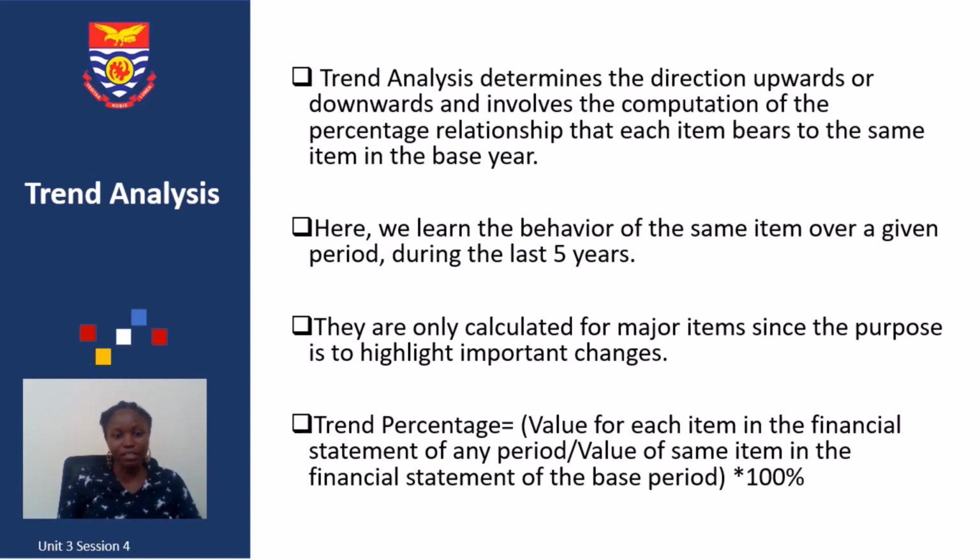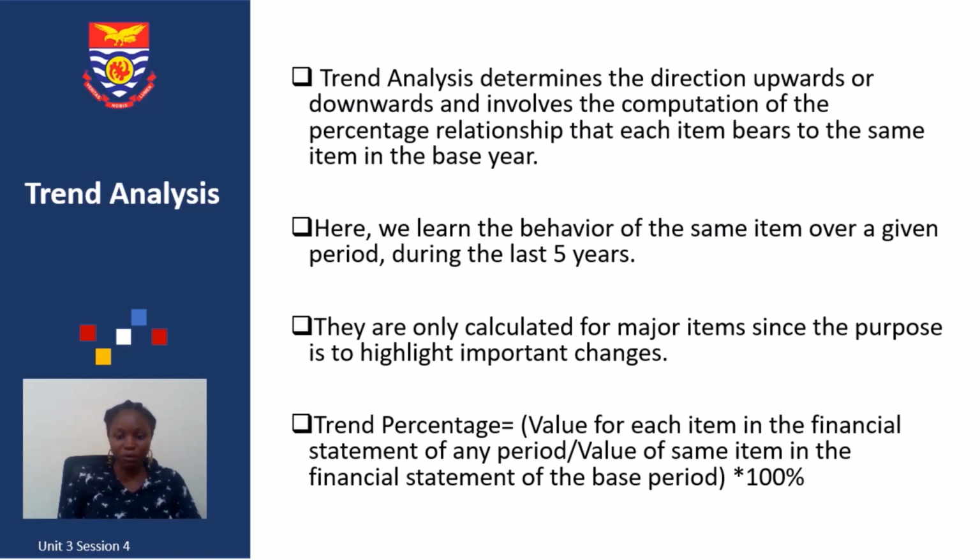We want to find the trend of our sales revenue over the past 5 years from 2017 to 2022. We'll take 2017 as our base year. So we take the sales revenue for 2018 divided by the sales revenue of 2017, times 100.